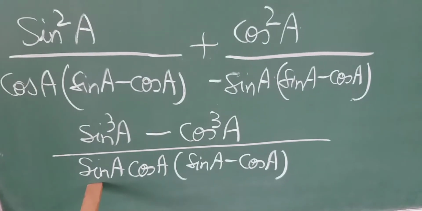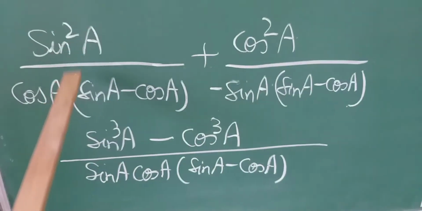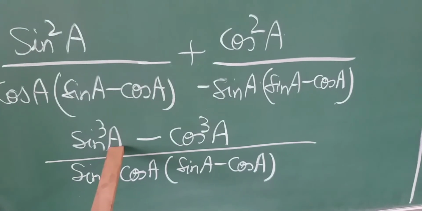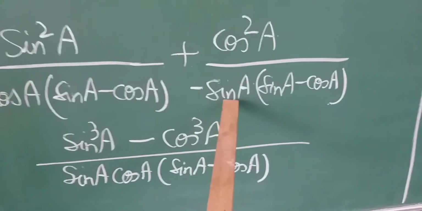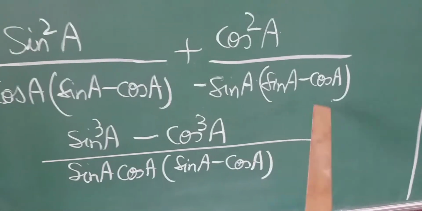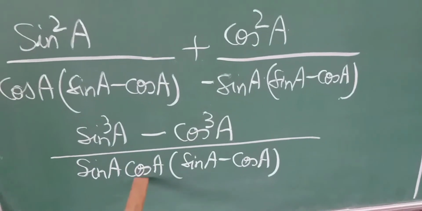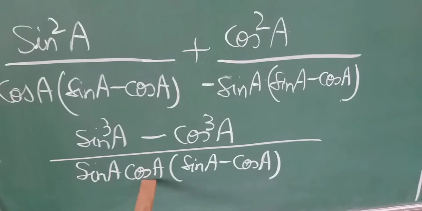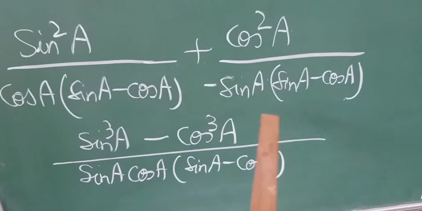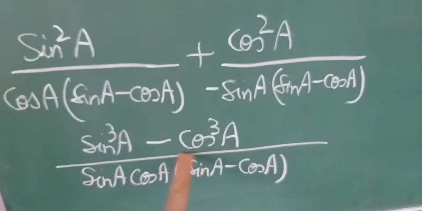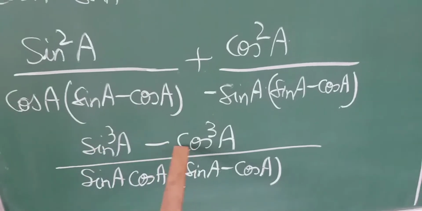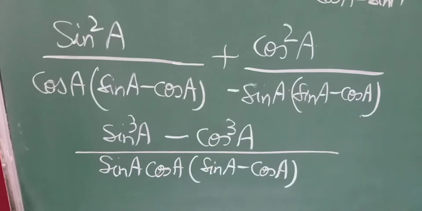Left part sin A. Sin A is multiplied by sin square A, becomes sin cube A. Here also sin A cancel, sin A minus cos A also cancel. Left part cos A multiplied by cos square A becomes cos cube A. So it will be sin cube A minus cos cube A.